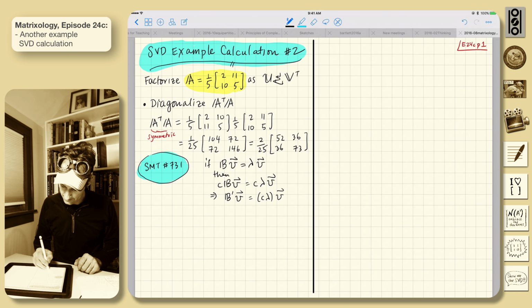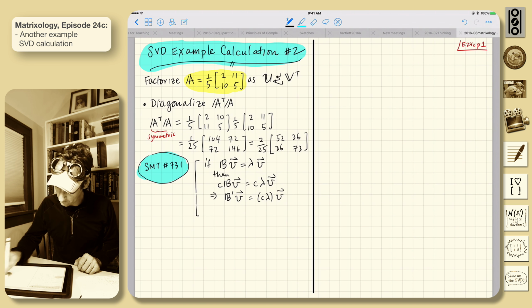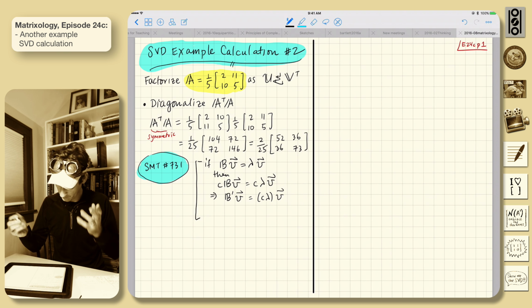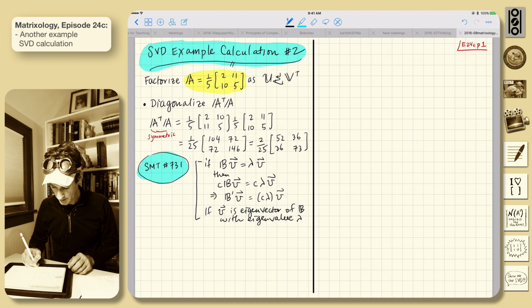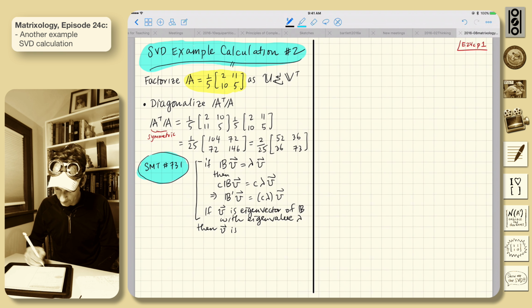So that is to say, if V is an eigenvector of B with eigenvalue lambda, then it's also an eigenvector of CB with eigenvalue C times lambda.